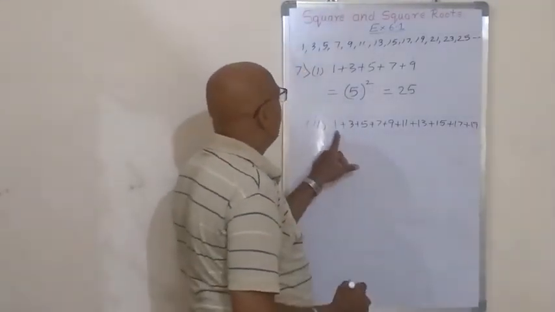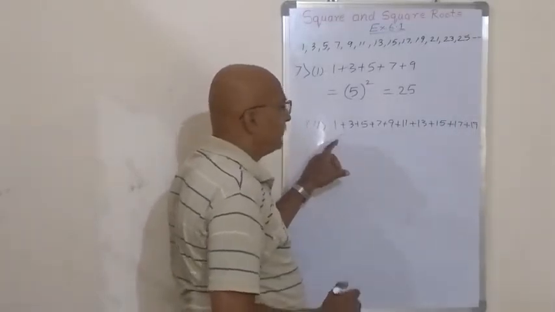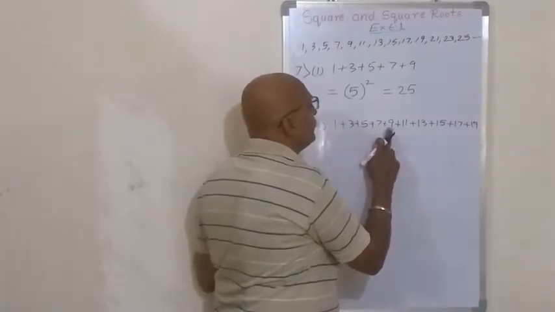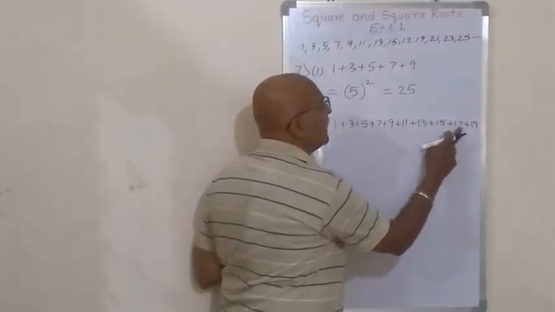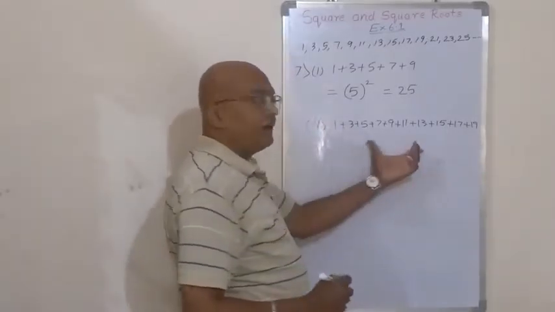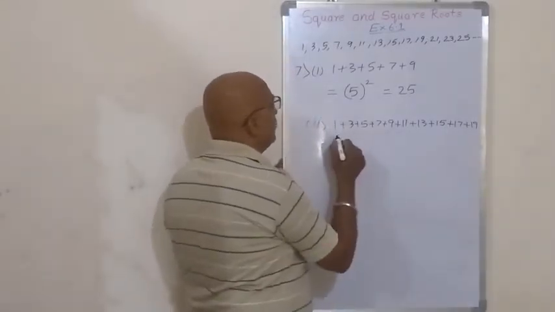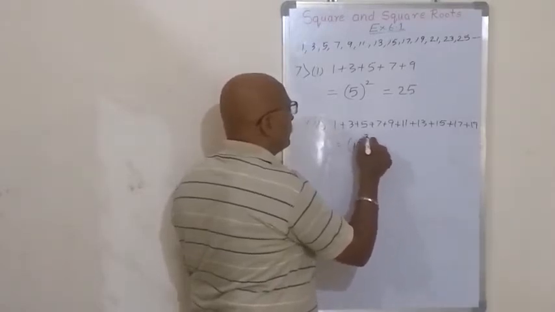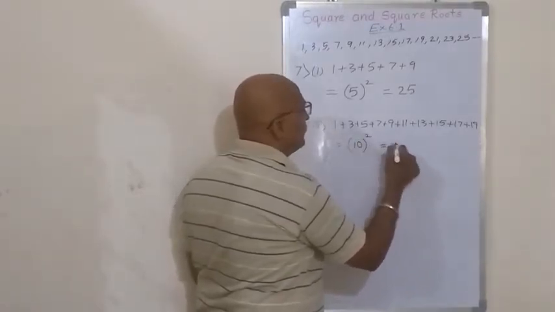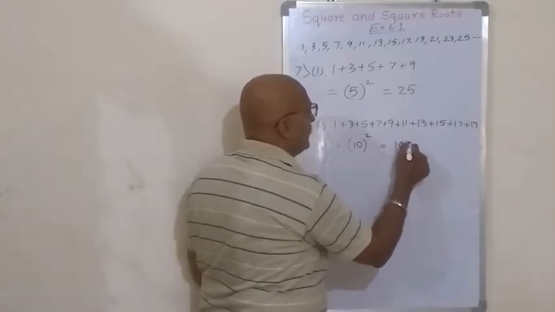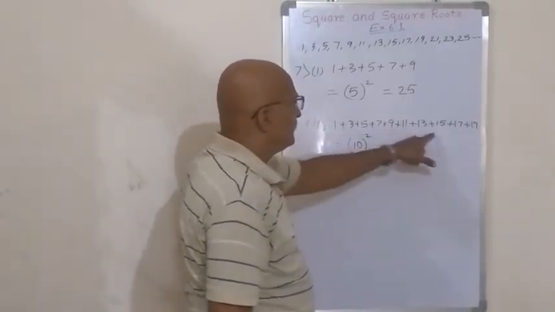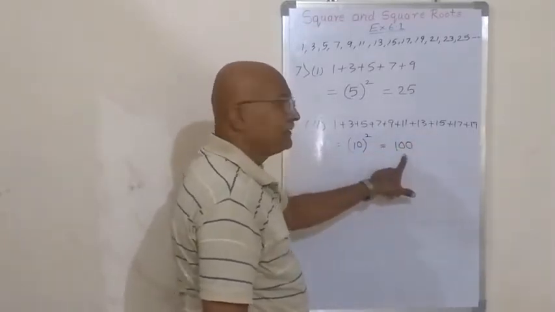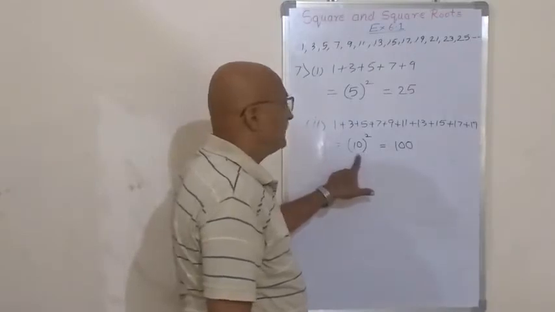Just count how many odd numbers are being added here: 1, 2, 3, 4, 5, 6, 7, 8, 9, 10. Here 10 odd numbers are being added. So I will write it equal to 10 whole square. 10 square we know is 100. So the sum of these 10 consecutive odd numbers is 100, that is 10 square.